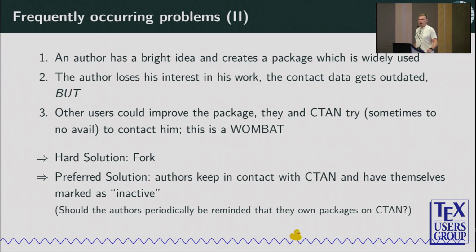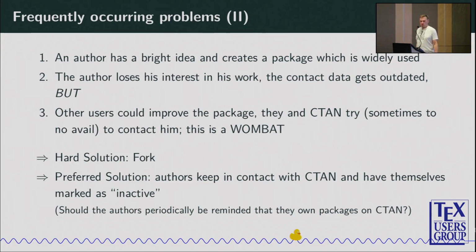A similar case are packages where the author gives up or doesn't update his or her package. So it may happen that bugs are detected but not corrected, or the TeX environment evolves, like Beamer or the LaTeX kernel itself.